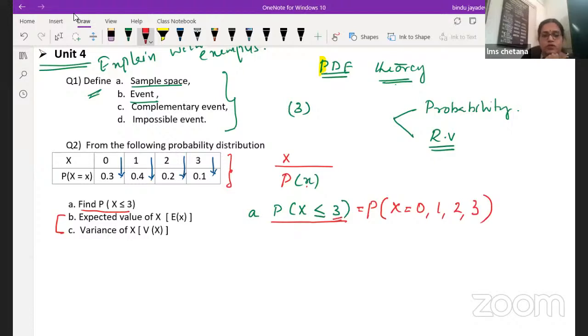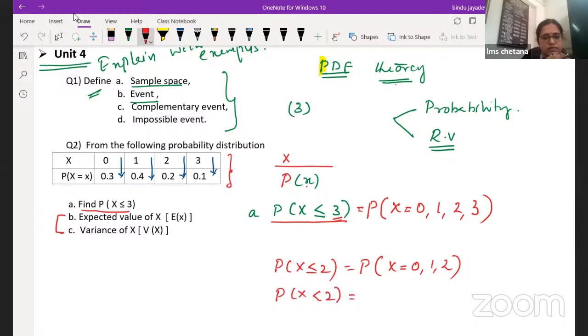Clear? Suppose, for example, X less than or equal to 2, then what is that? P of X equal to 0, 1, and 2. Got it?